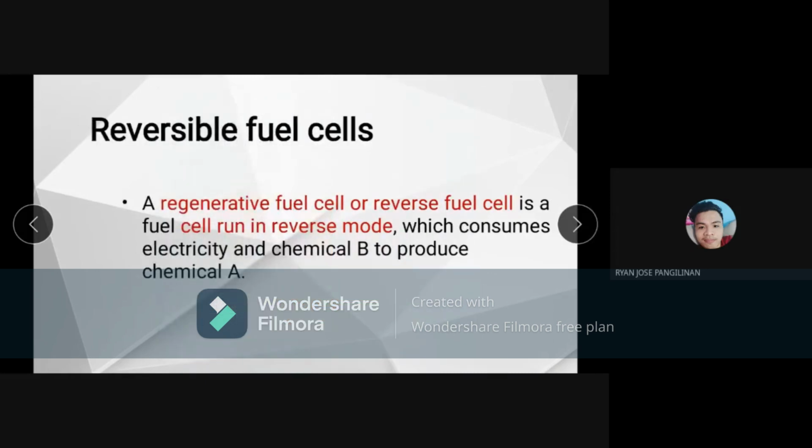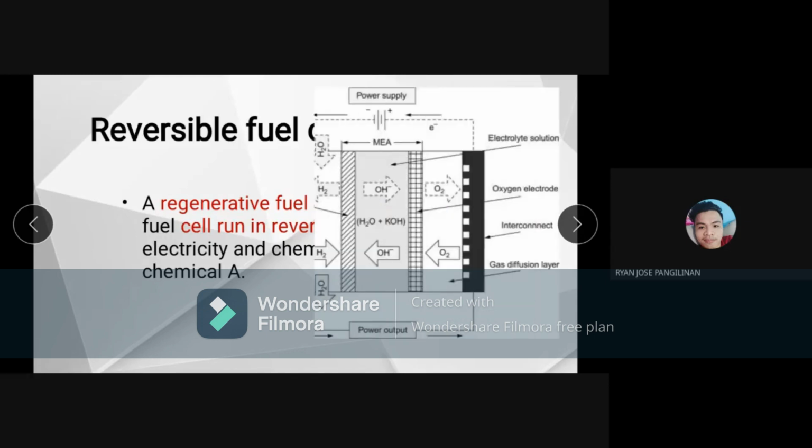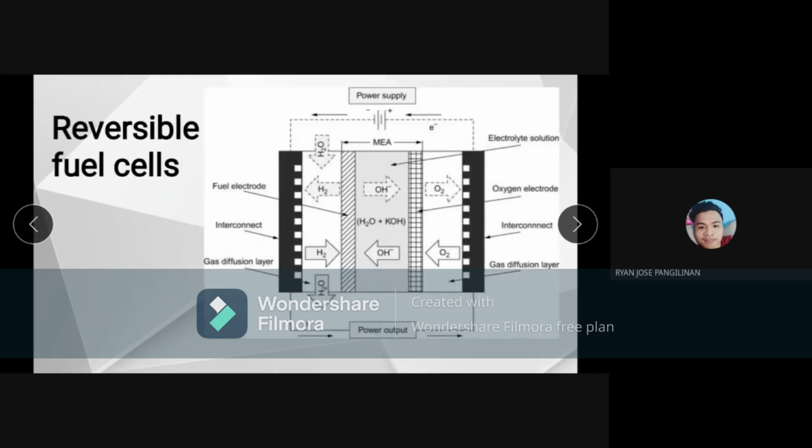Reversible fuel cells: a regenerative fuel cell, or reverse fuel cell, is a fuel cell run in reverse mode, which consumes electricity from chemical B to produce chemical A. This is the schematic diagram of reversible fuel cells.